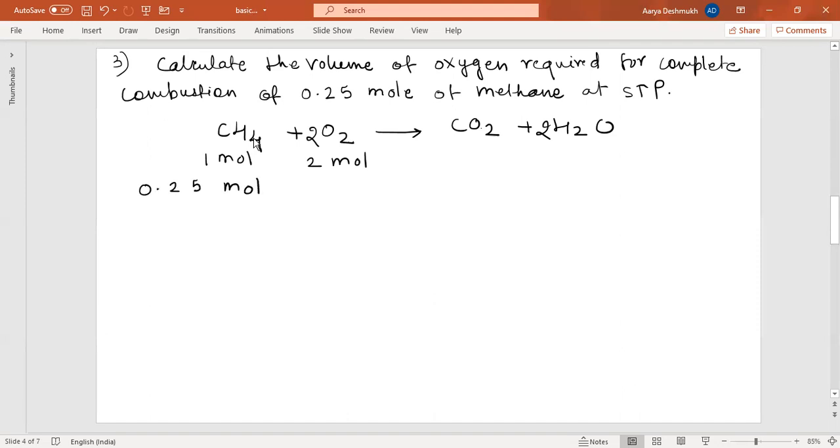0.25 mole of methane requires x dm cube of oxygen for complete combustion.